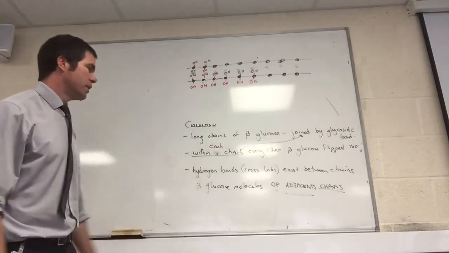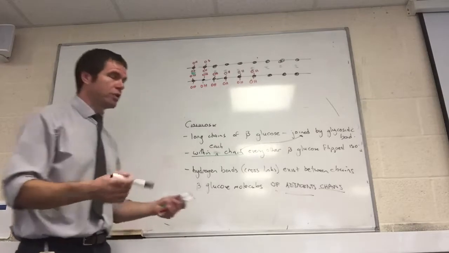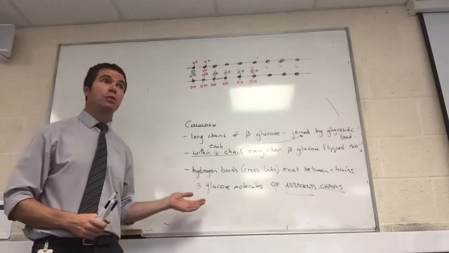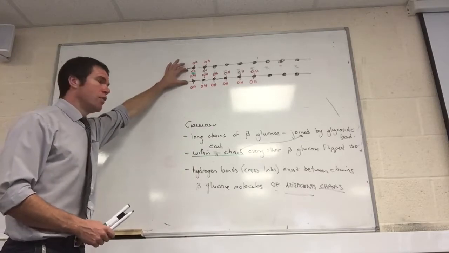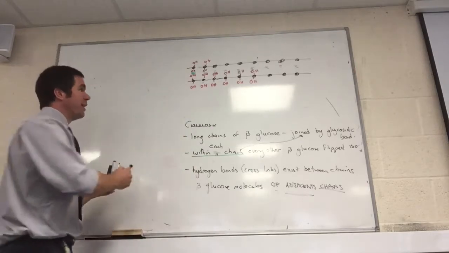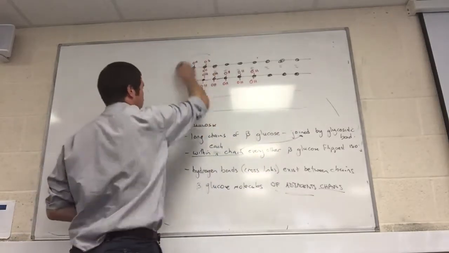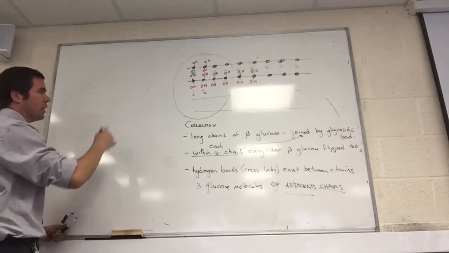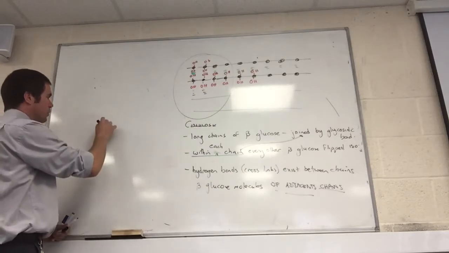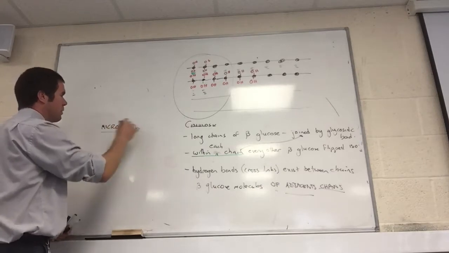Between chains, we have hydrogen bonds existing, or cross-links between those chains. Yes, they're between beta glucose molecules, but they're between beta glucose molecules of adjacent chains. When we get lots of these, last thing, lots of these with all these hydrogen bonds, this sort of macro structure of all these chains is called a microfibril. That's the name given to it.